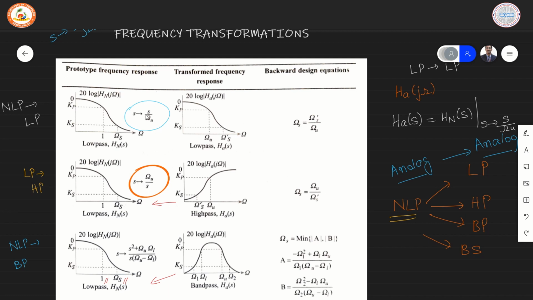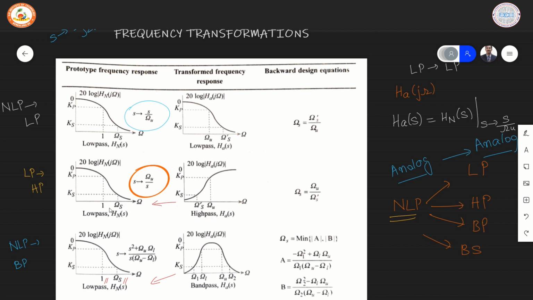Please note that the numerator and denominator are interchanged in this case. When you are converting from the normalized low pass filter to that of high pass, we observe that the bands of low pass and high pass are opposite. In other words, previously where there was a pass band, now you will find a stop band, and previously where there was a stop band, now the pass band will be found.